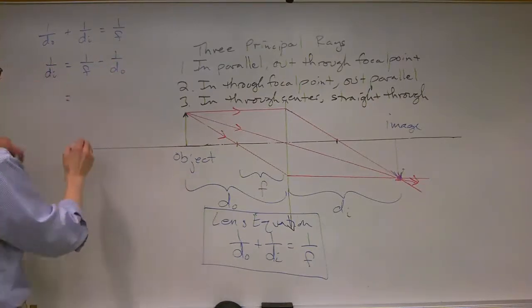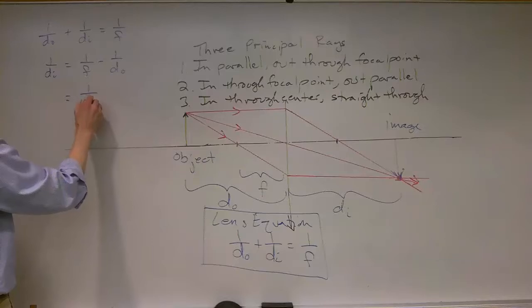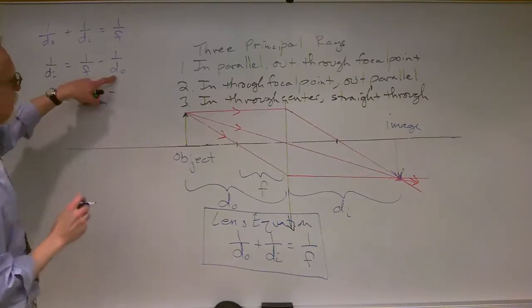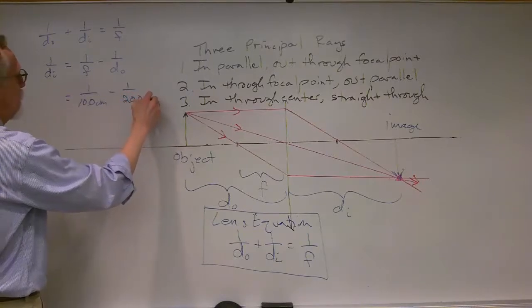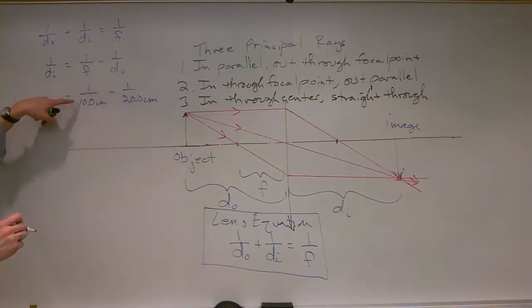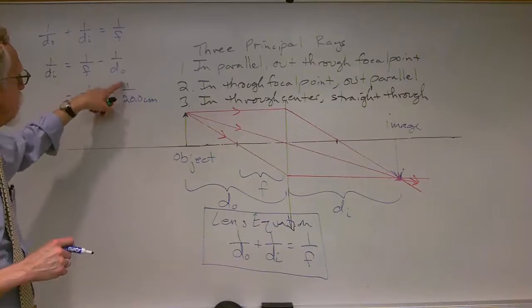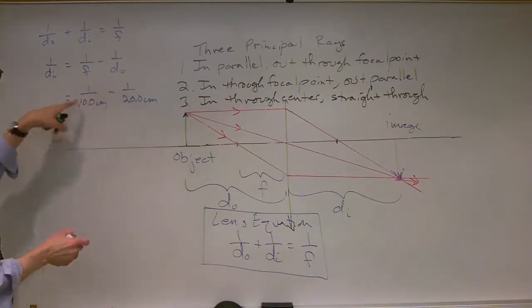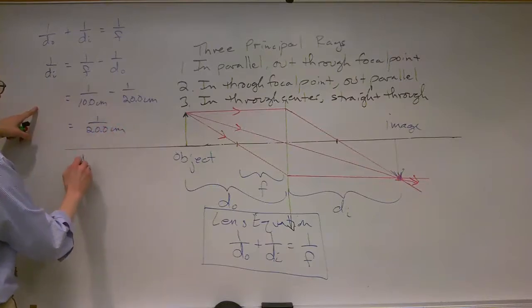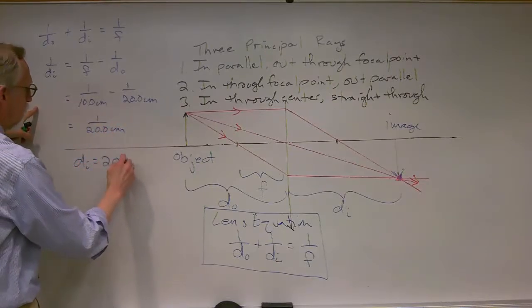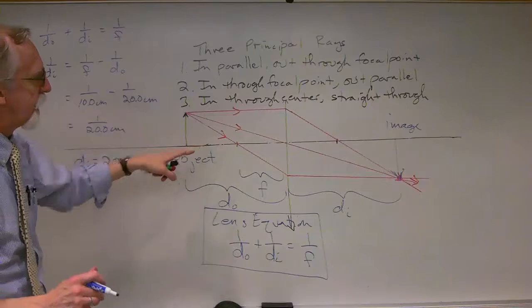With a focal length of 10 centimeters, we'll have 1 over 10 centimeters minus 1 over 20 centimeters. So we have 1 over 10, which is 2 over 20. 2 over 20 minus 1 over 20 is 1 over 20. So that is 1 over 20 centimeters. di equals 20 centimeters. And that's exactly what we find.